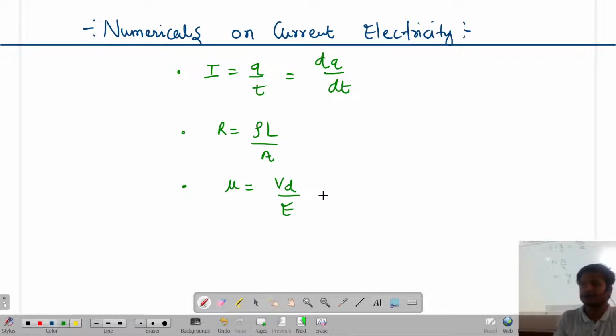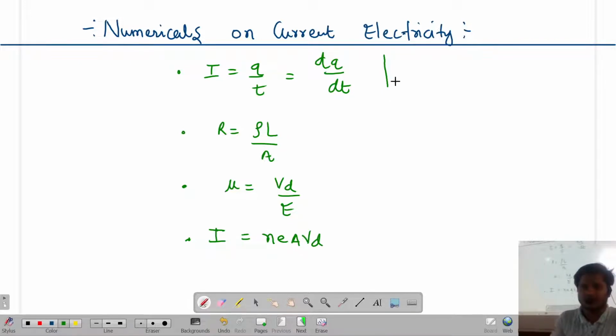Last formula including drift velocity: I is equal to NEA VD, where A was the area of cross section.